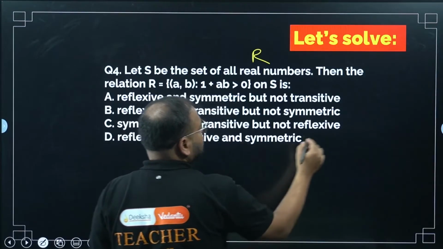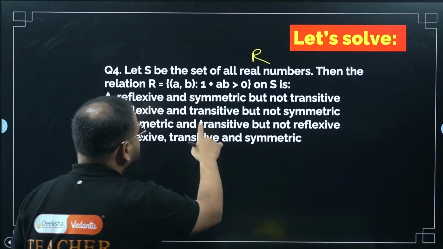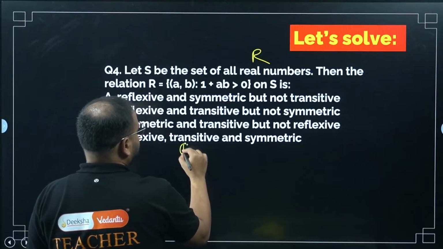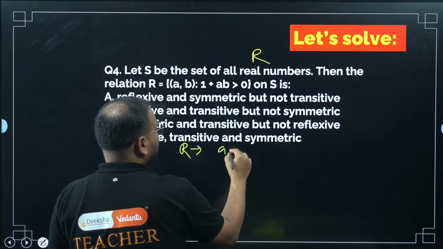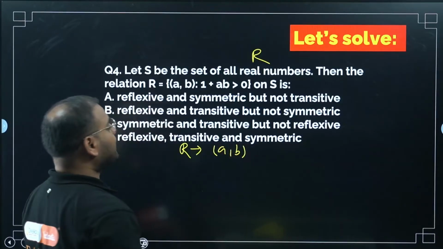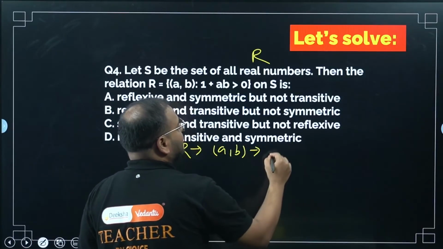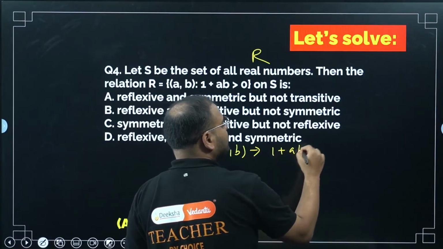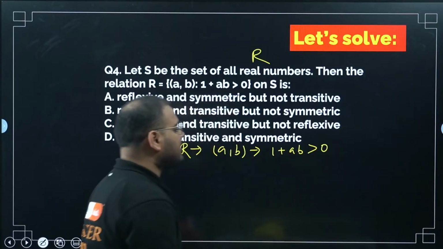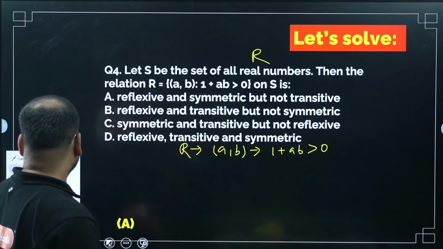So the relation is given here as R. A comma B is the ordered pair or the element of relation R. For this to be there, 1 plus AB has to be greater than 0. Let's solve it quickly.